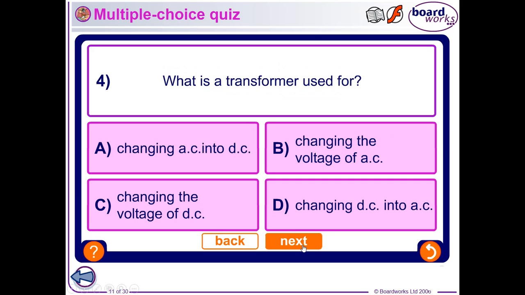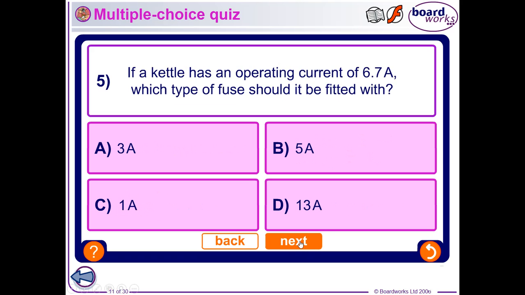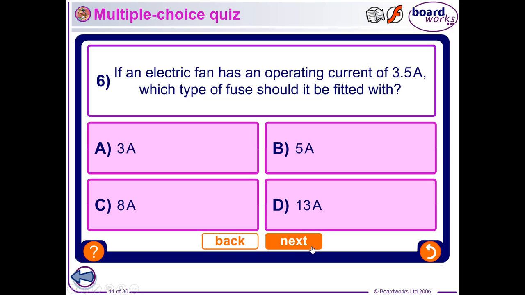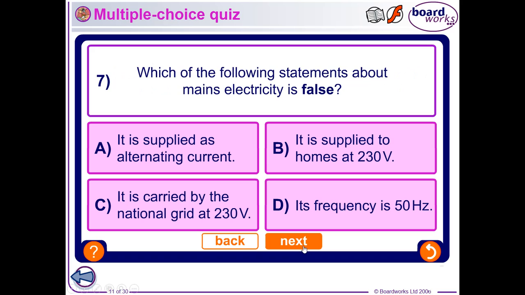What is a transformer used for? The kettle has an operating current of 6.7 amps. Which type of fuse should it be fitted with? If an electric fan has an operating current of 3.5 amps, which type of fuse should it be fitted with? Which of the following statements about mains electricity is false?